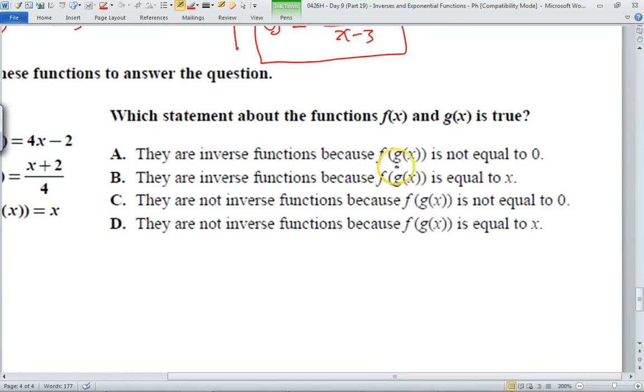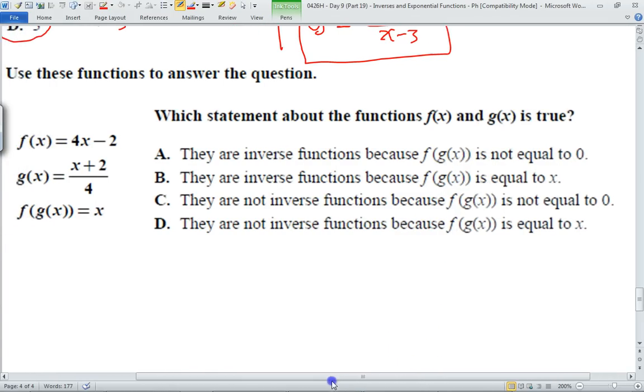They're inverses because it's not equal to 0? No. Inverses because f at g is equal to x? Yeah, that's it. The other two are saying they're not inverses. So the answer is B, based on this being true. Now let's check it and make sure it's true, but it's looking like the answer is B.